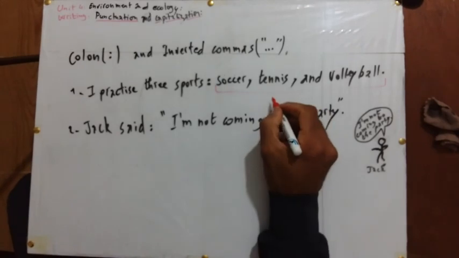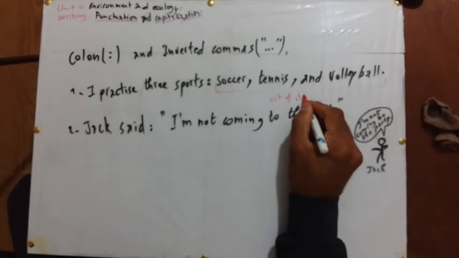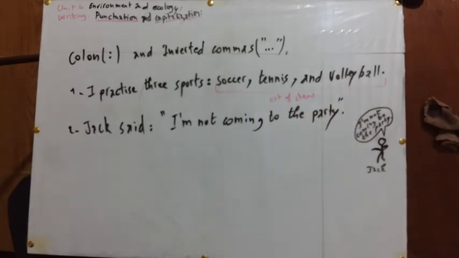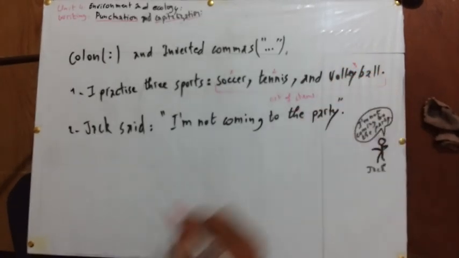This is a list of items. Okay, so when do we use the colon? We use it to introduce a list of items. How many items do I have here? I have 1, 2, and 3.